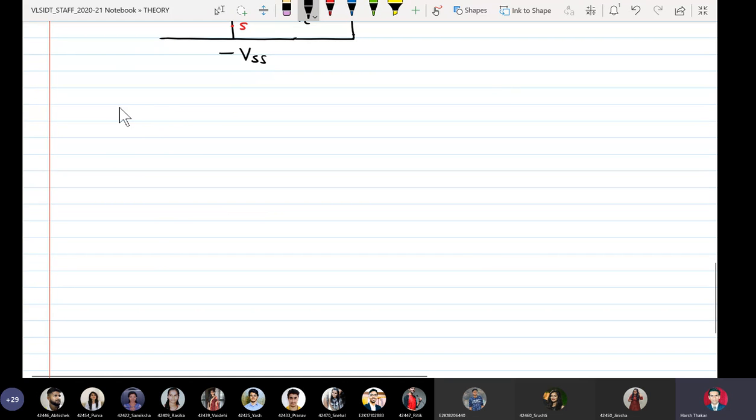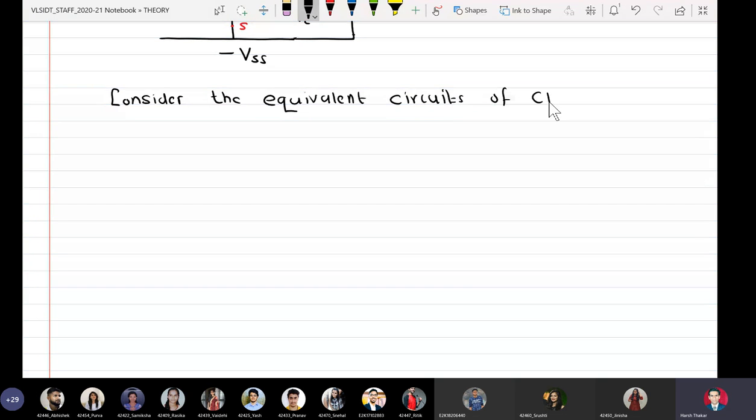Fine. So consider the equivalent circuits of the CMOS inverter with Vin equal to 0 and Vin equal to 1.